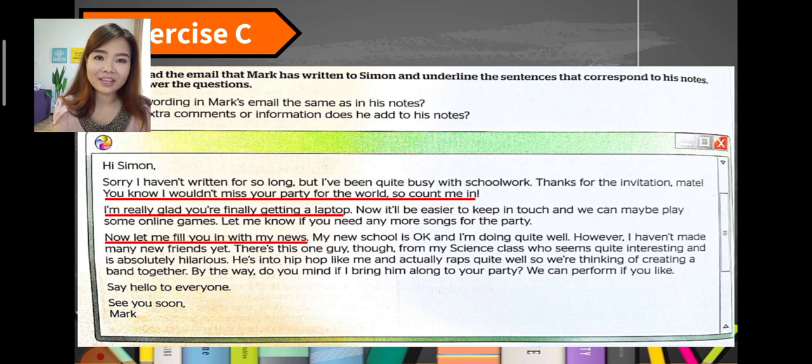Okay, so that is the extra information that Mark has included in his email. He is actually telling Simon how his new school is like, how he is doing, whether he has made new friends or not, whether there is a guy that he has just met, a friend, and also whether he could bring his friend to the party. So you can see in Mark's email that he has expanded and added extra information.